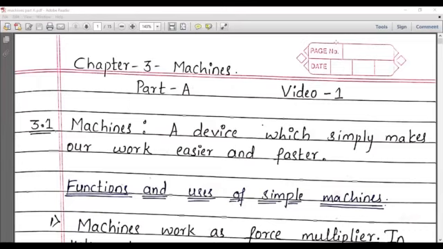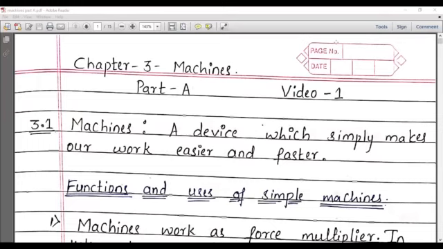Okay. So, in the beginning, we will just try to understand what a machine is. When we say the word machine, we will suddenly think about a washing machine, or a grinding machine, or any big machine. But actually, a machine is a simple device which makes our work easier and faster.